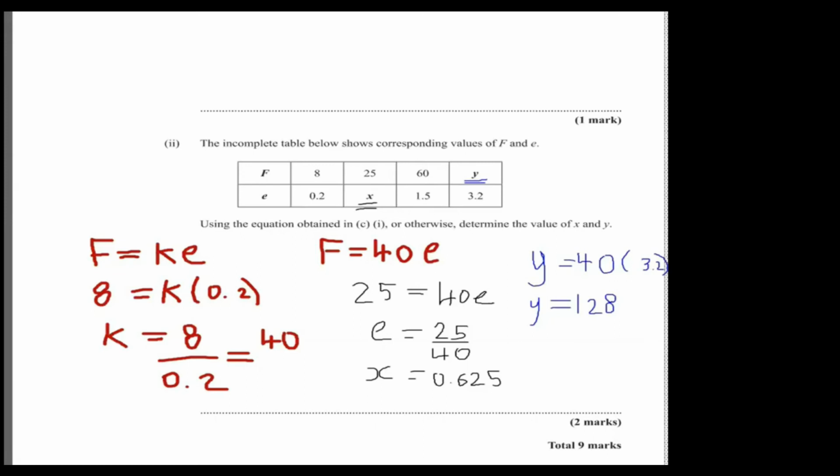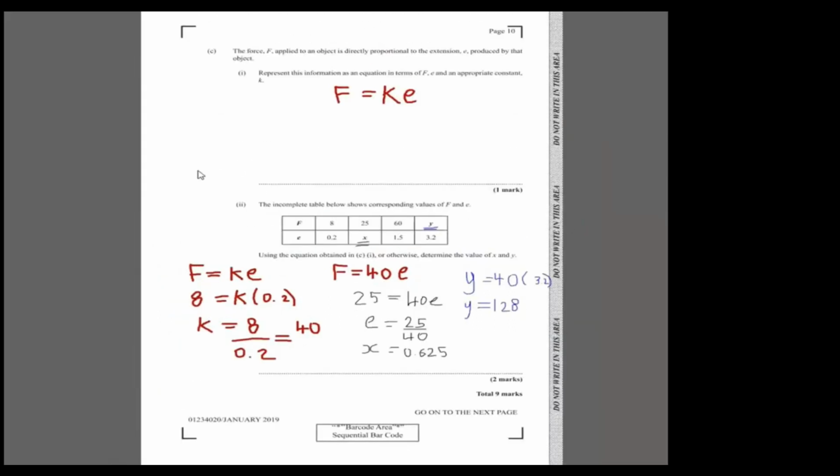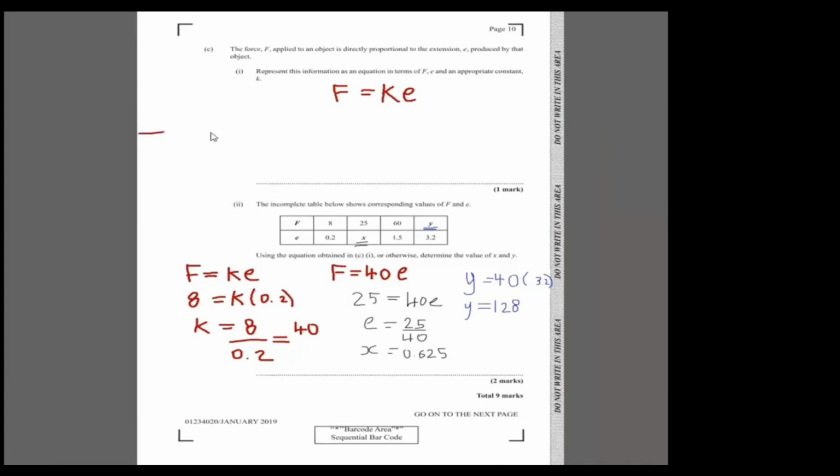Now there's an alternate method you could have used to do this question. I always like to show the alternate. Let me show the alternate method right here.